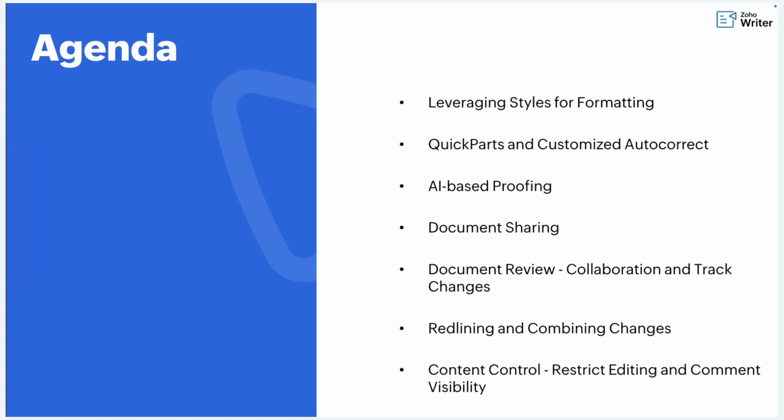We'll also cover document sharing, making it easy to collaborate and maintain control over your files. After that, we'll move to document review, focusing on collaboration and track changes, allowing teams to review and revise documents together. Finally, we'll discuss redlining and combining changes to compare and merge multiple versions of documents efficiently. Also, we'll cover content control, which helps you restrict editing and comment visibility in sensitive documents.